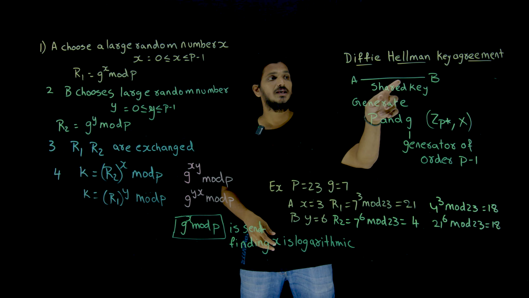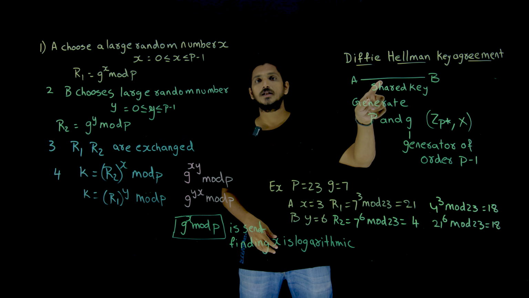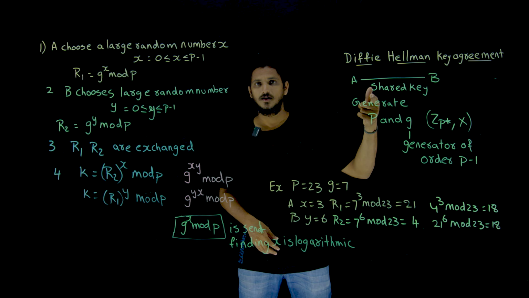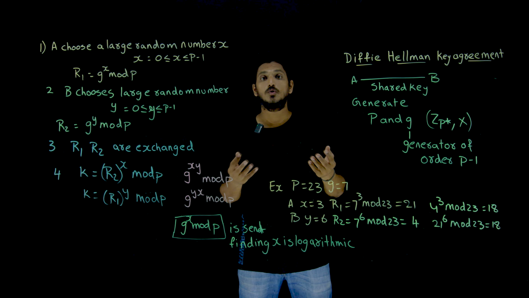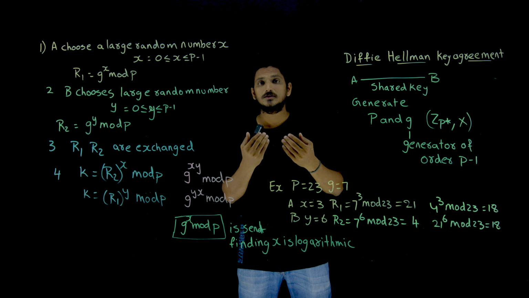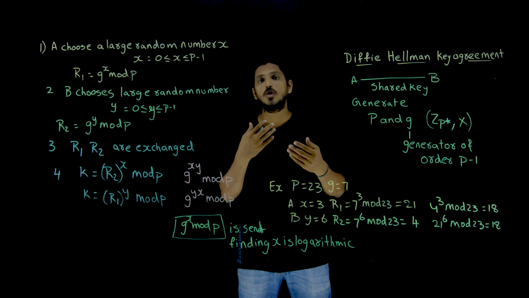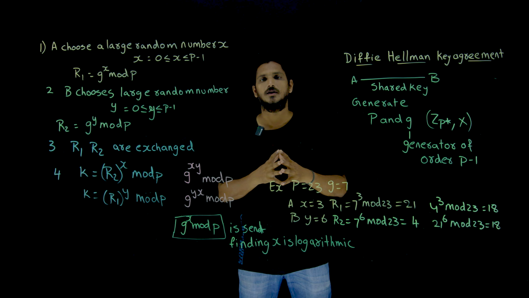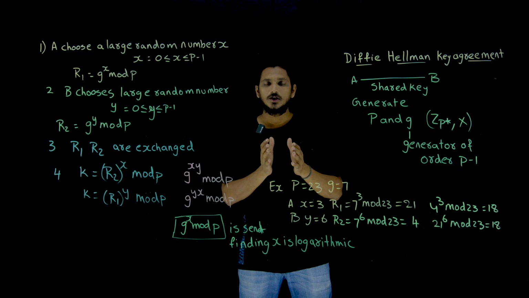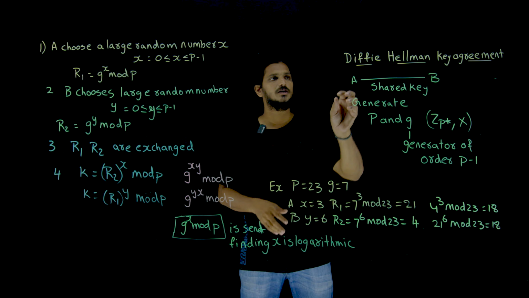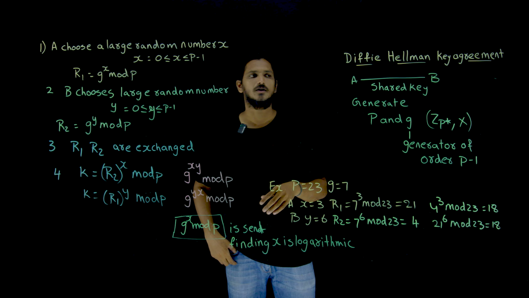What happens if the key is shared over the internet and it is hacked? If the key is hacked, there is no use. So we need to exchange the key in such a way that it should not be known to any other person. In order to do that, our first method is the Diffie-Hellman key exchange algorithm.